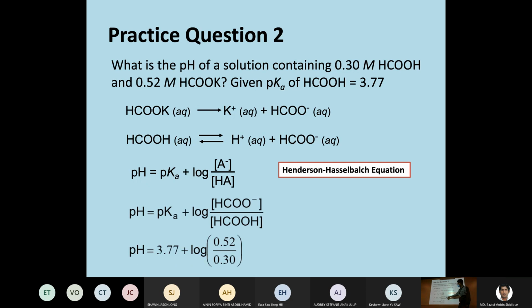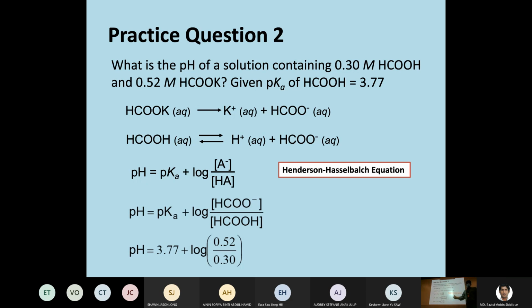So 100%, or 0.53 molar, of the ion will be produced. Here we can plug in the acid, 0.3 molar.